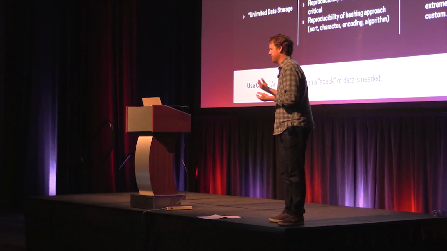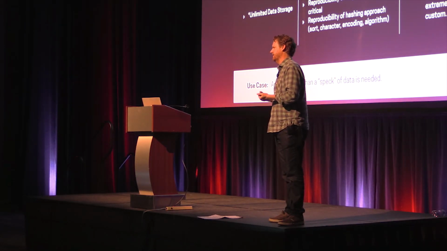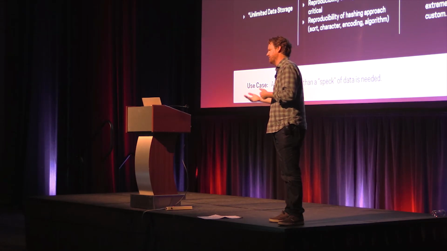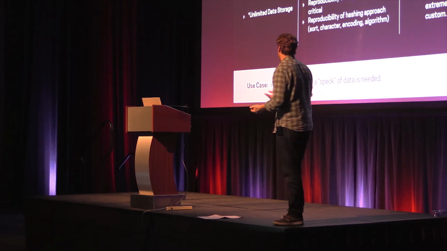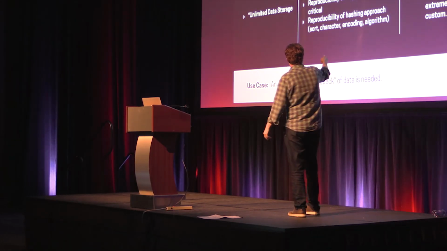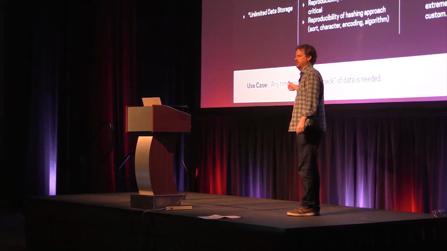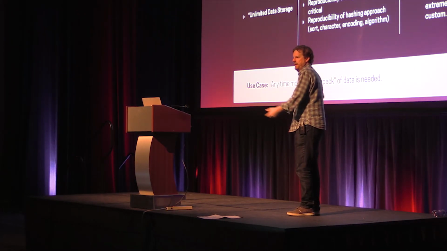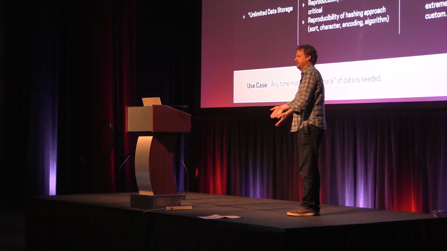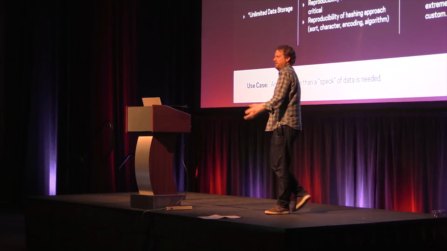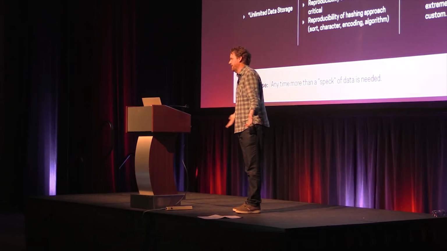And if I can't reproduce that information identically, then the hash is going to be different, even if it's one character, even if it's a sorting issue. Even if it's a character encoding issue. If I encoded it in UTF-8, I'm going to get a different hash than if I encode it in UTF-16, even though the data is identical. They're just going to look different. And I won't know what's different about them.